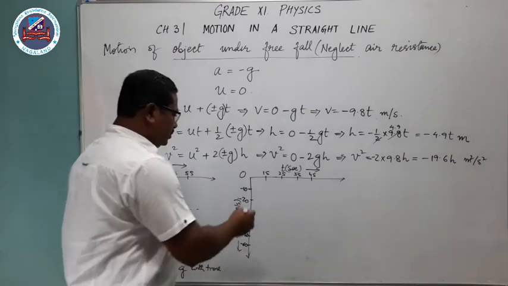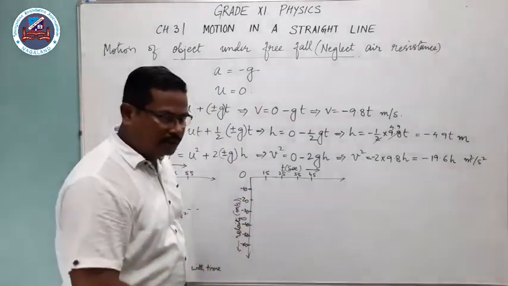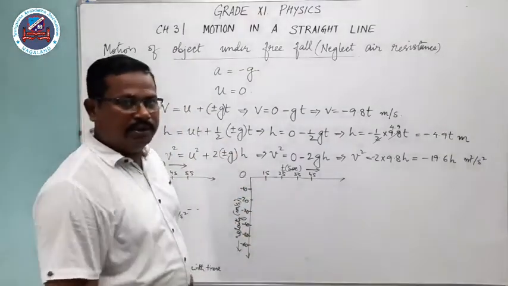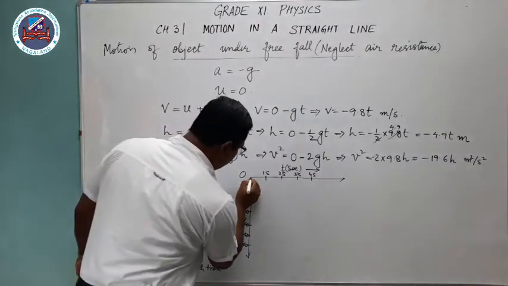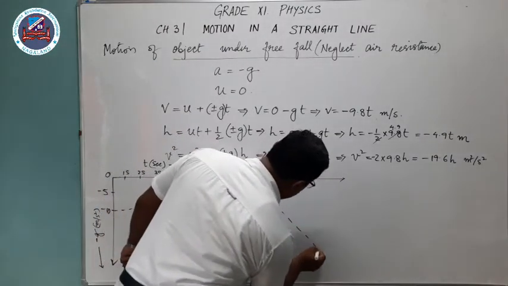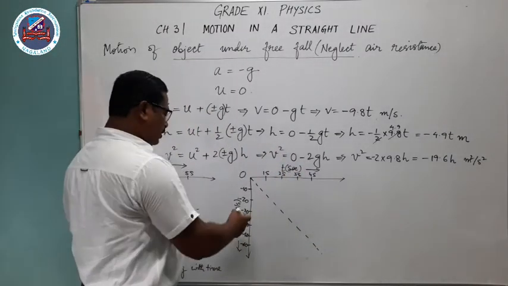Then the velocity goes on increasing when it comes down. That's why you have acceleration, positive acceleration. So it is also an inclined straight line. They are directly proportional to each other.